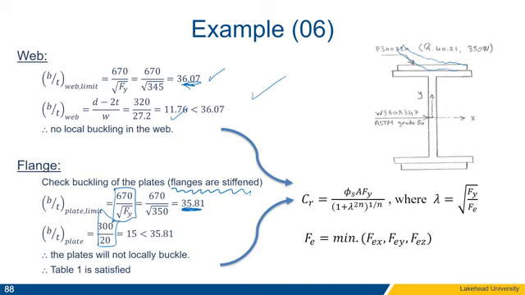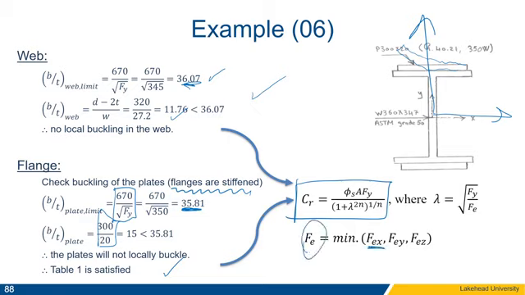So there will be no local buckling in the flange nor the web. That means that the section as a whole satisfies table 1, and we can use this equation as is without any problem. This section is doubly symmetric about the x and y axes. So Fe will be the minimum of Fex, Fey, and Fez.